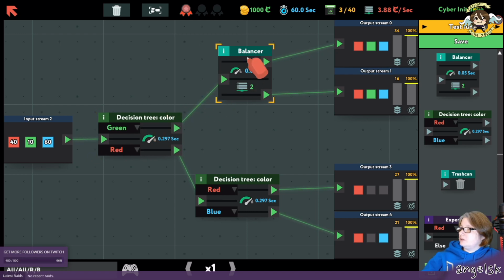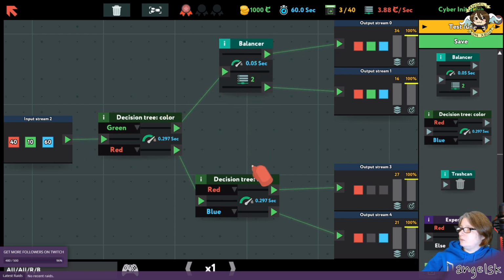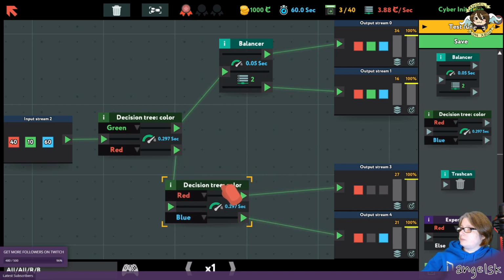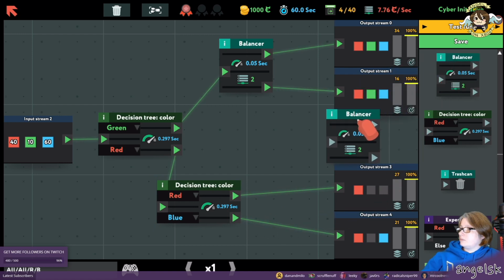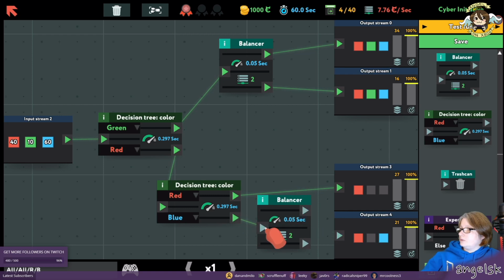Just not enough to go into the top. The top needs more. So can we split that?